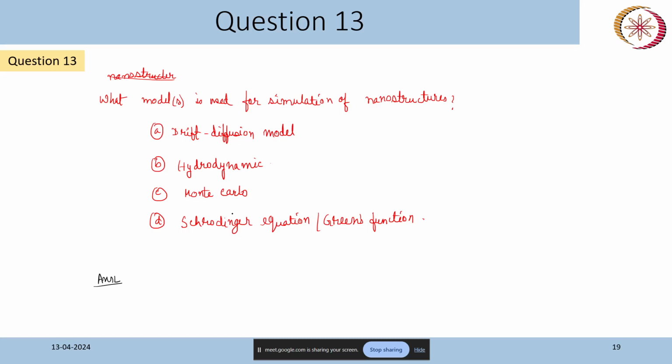So to solve the properties in this kind of structure, we have to start from the Schrodinger equation, because these structures are in nano dimensions. The dimensions are in nanometers. So for these very small dimensions, we generally use the Schrodinger equation or Green's function method.